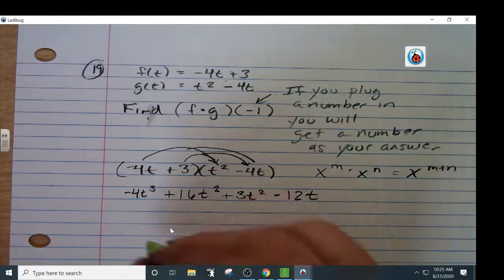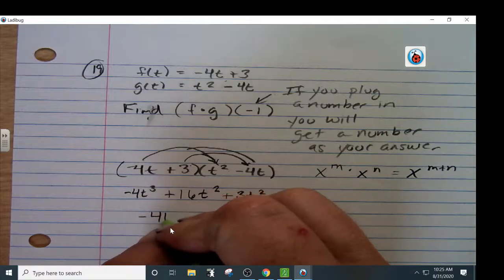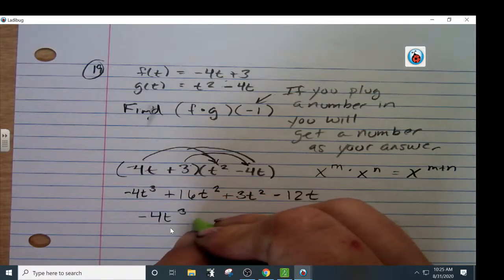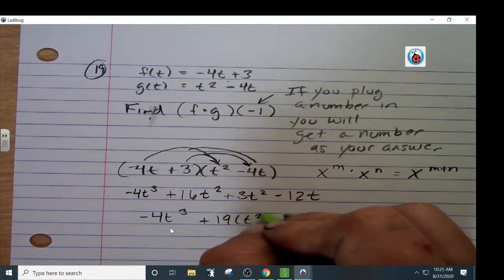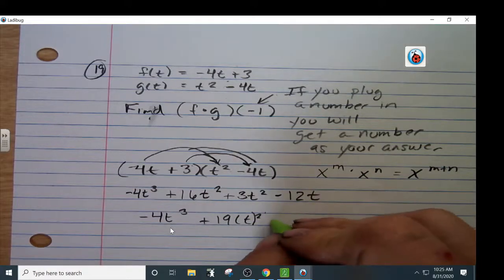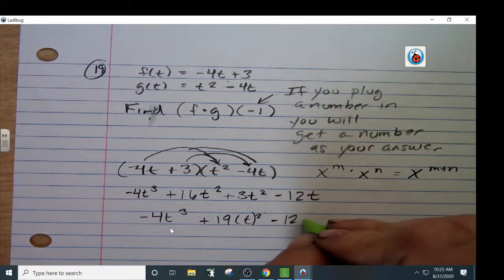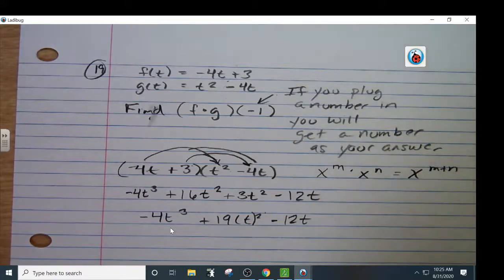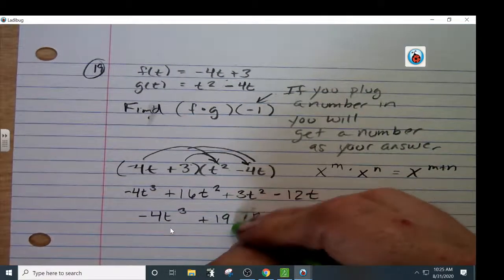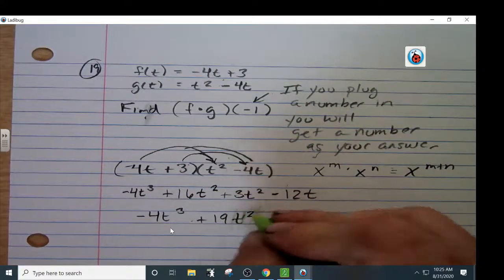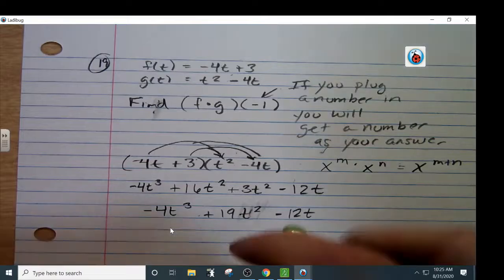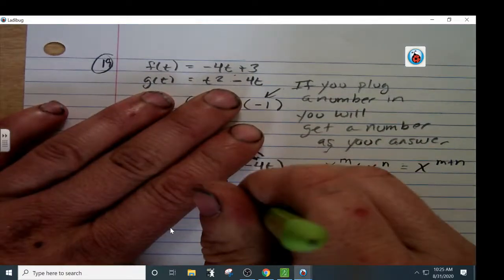Now, if you combine your like terms, that's going to be negative 4t cubed plus 19t squared minus 12t. Really not sure why I put those parentheses around there. Don't want to clean up.